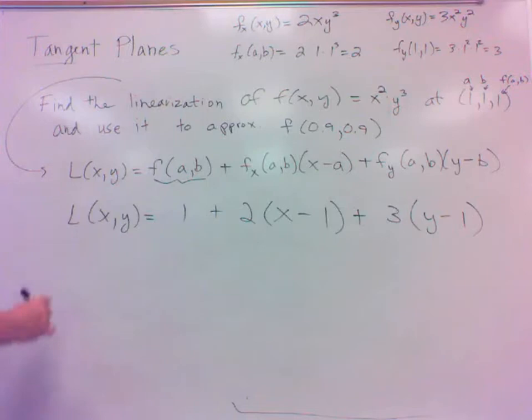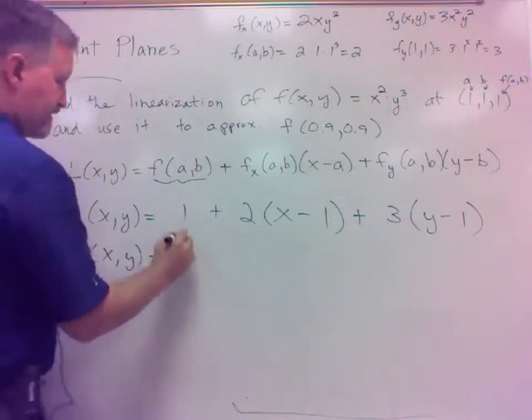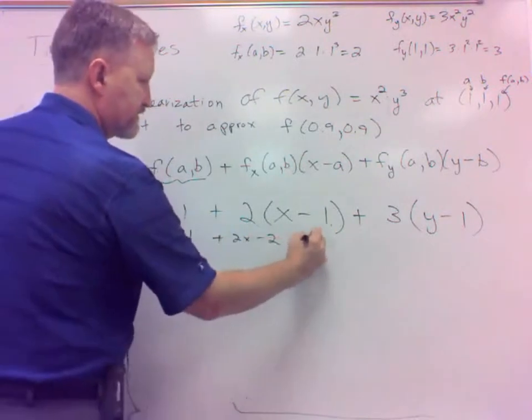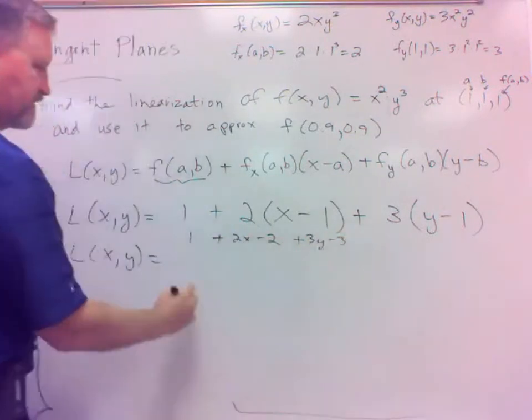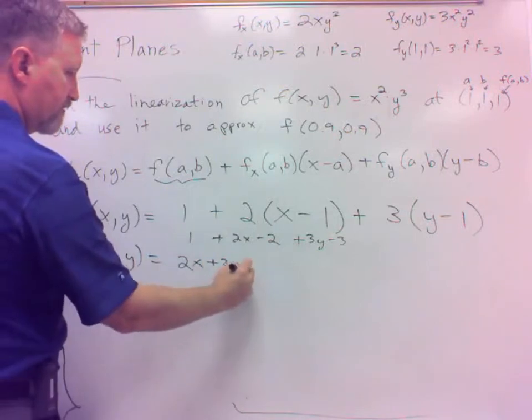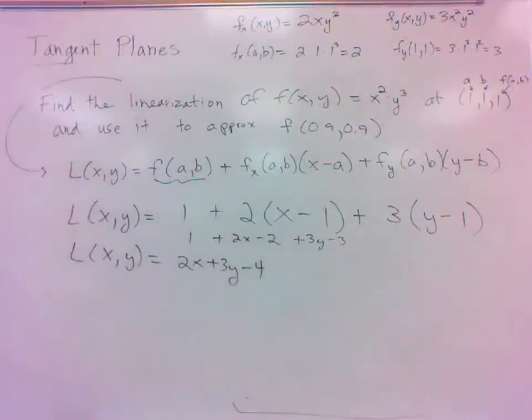If we didn't want the parentheses, that would be 1 plus 2x minus 2 plus 3y minus 3, so that would be 2x plus 3y minus 4. I believe. Does that sound right? I think that's right.